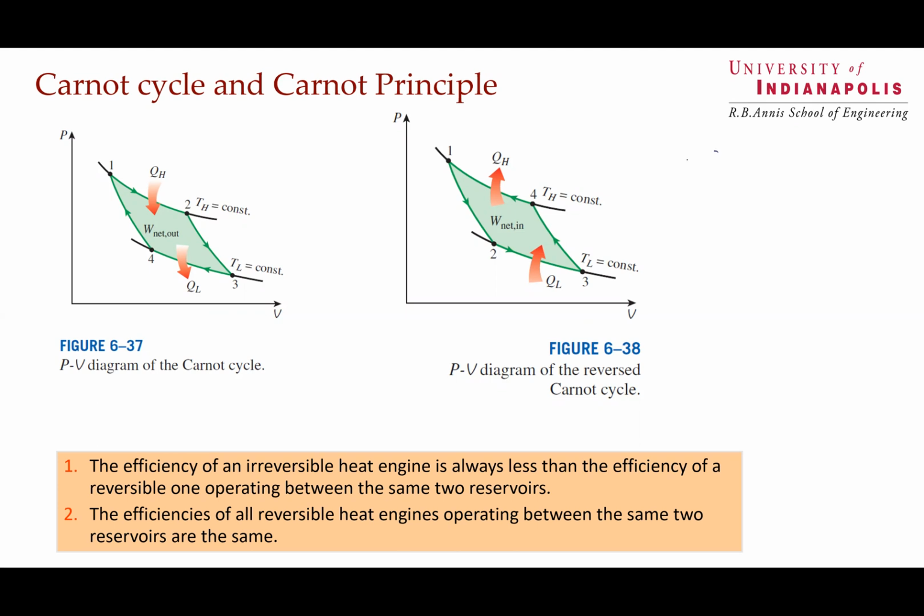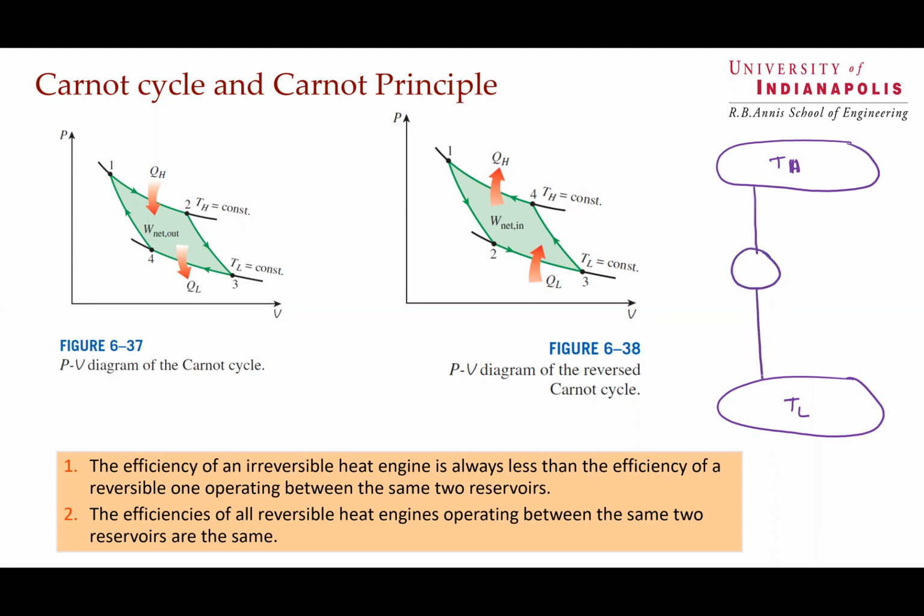For example, let me draw it a little bigger. We have a thermal reservoir of TH and TL. Let's say this is your engine inside temperature, and this is the environment temperature. You devise a heat engine that does not consist of reversible processes, let's say it's an irreversible heat engine. It draws some energy, produces work and rejects heat.